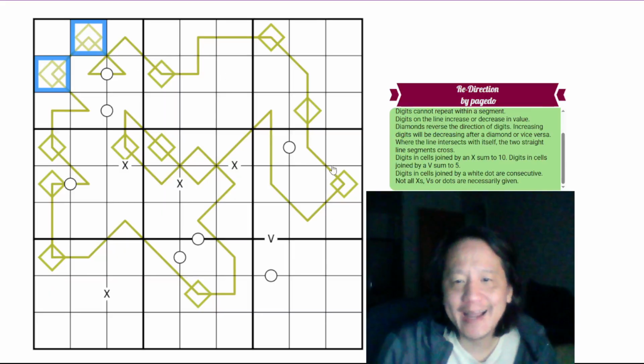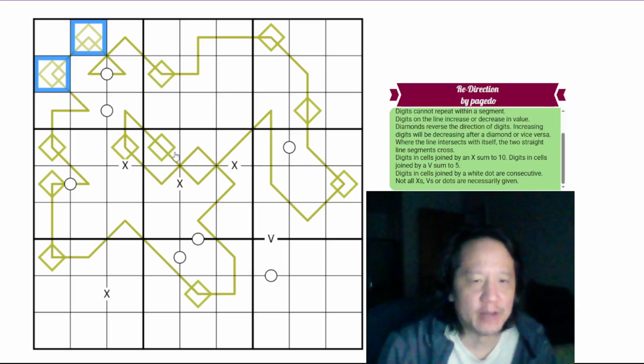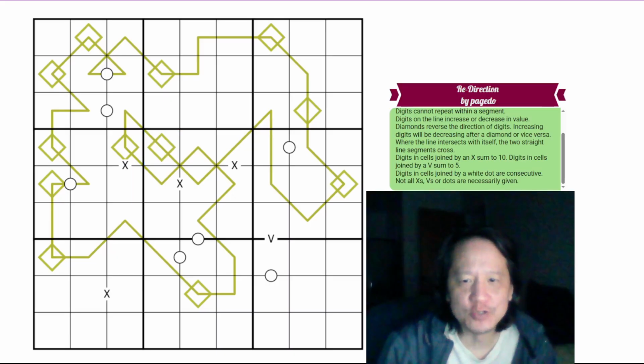Where the line intersects with itself, the two straight line segments cross. So that means it doesn't do some funky thing where it goes from here to here to here. You can't go like that, that's not allowed. If they're crossing, it goes here to here, and then this one goes from here to here.